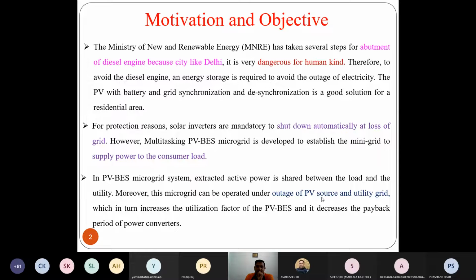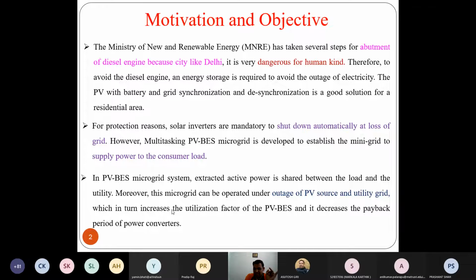Moreover, this microgrid can be operated under outage of the PV source. First condition, at night time PV is not available, so this system has the capability to operate without the PV array as well as without the utility grid. The second condition we have considered is no utility grid, which in turn increases the utilization factor of the photovoltaic battery energy storage and decreases the payback period of the power converter.